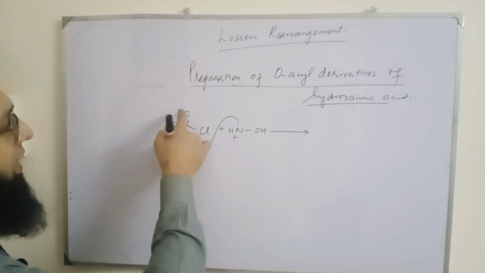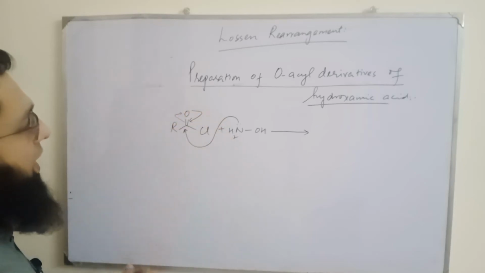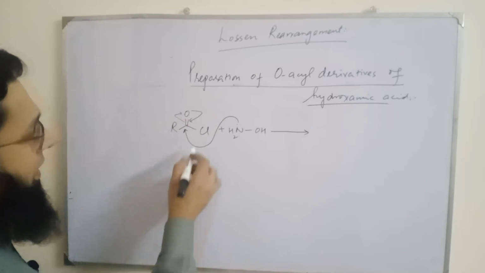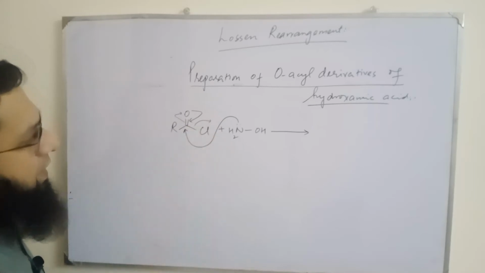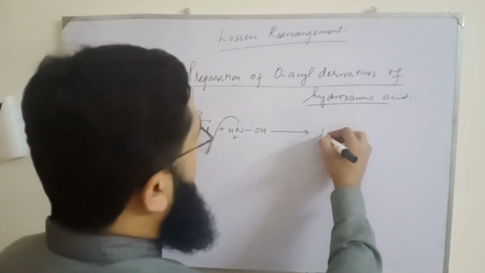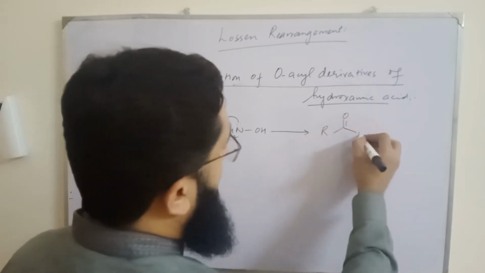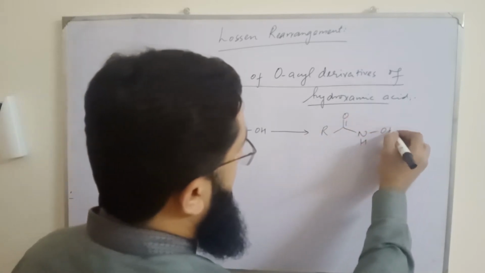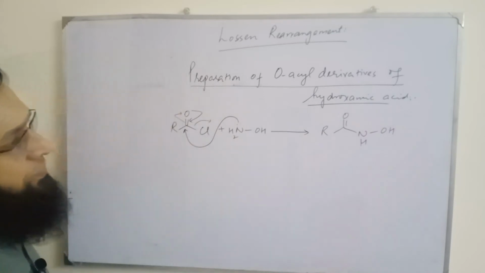The negative charge would come back due to back donation of oxygen, and this would be eliminated, and as a result finally we would get hydroxamic acid.